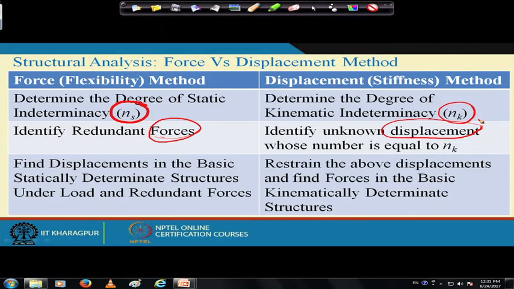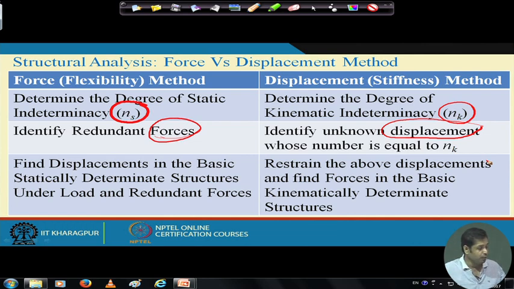Now, in the force based method, we solve the basic determinate structure which is subjected to load and the redundant forces. But in the displacement based method, we restrain the unknown displacements we have, and find the forces in the basic structure.